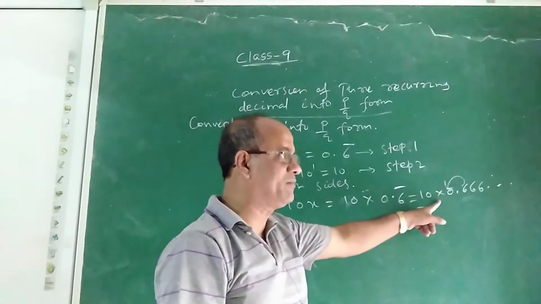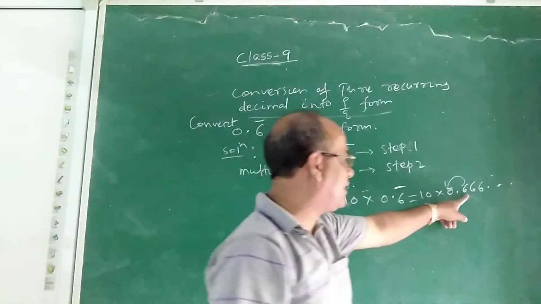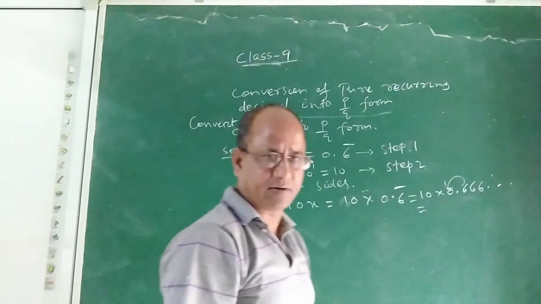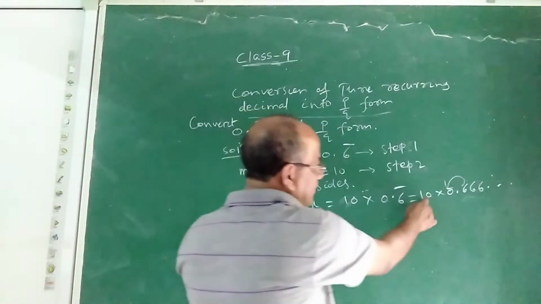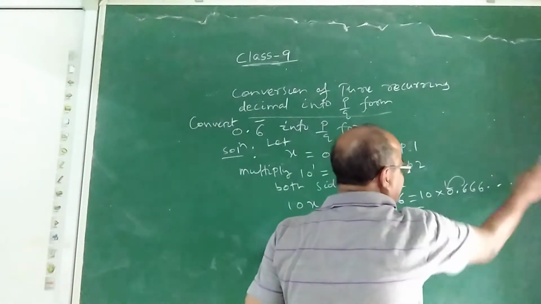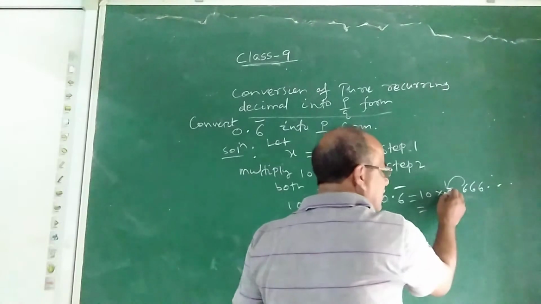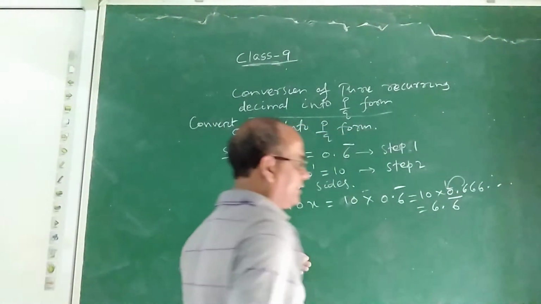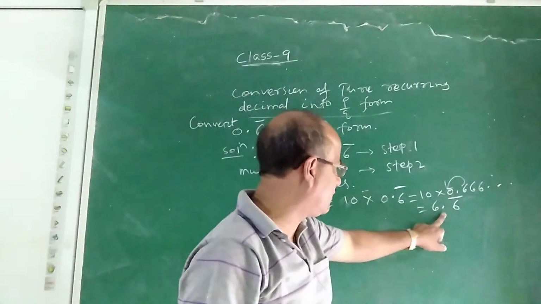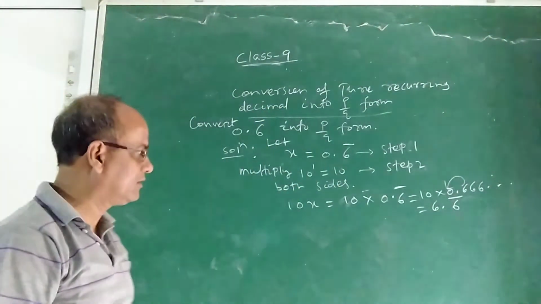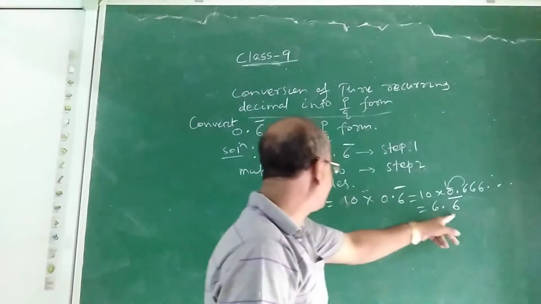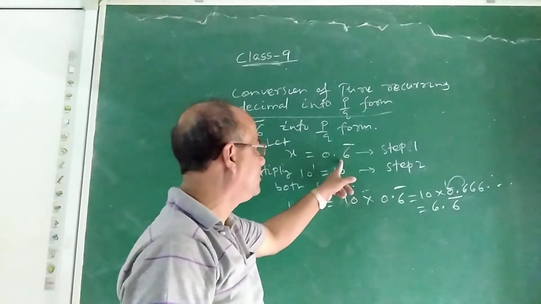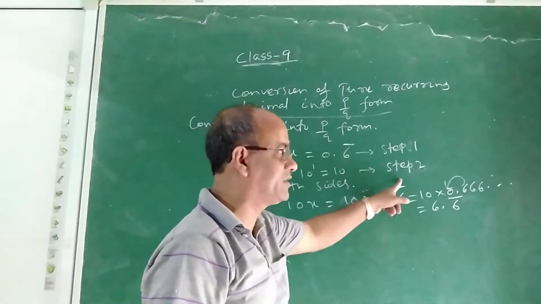When we multiply a decimal number by 10, one digit from the right gets shifted to the left. So here the 6 will be shifted to the left, and it will become 6.6 bar. So 10x equal to 6.6 bar and x equal to 0.6 bar. This is step 1 and this is step 2.